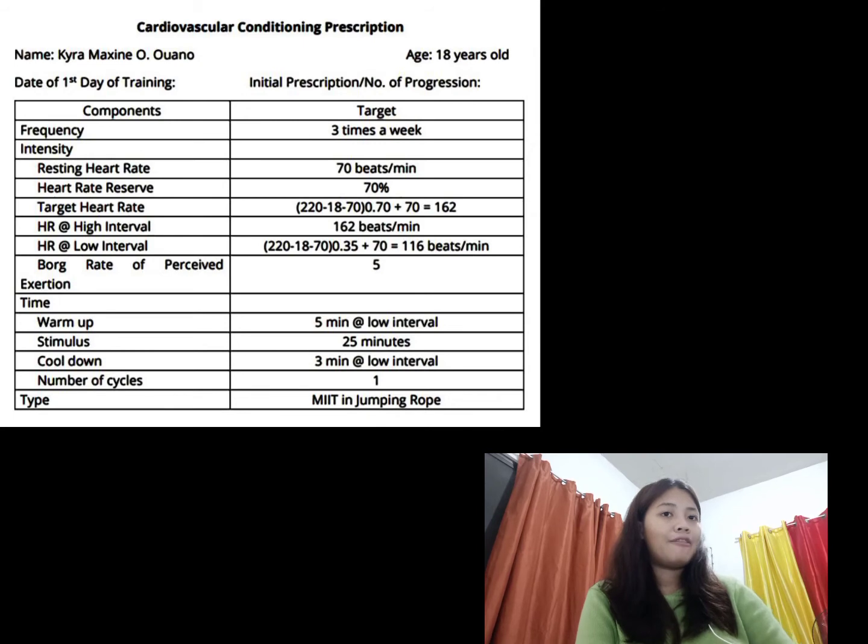In my warm-up, I have 5 minutes at low interval, stimulus 25 minutes, cool down 3 minutes at low interval, number of cycles 1, type MIIT jumping rope, or moderate intensity interval training in jumping rope.